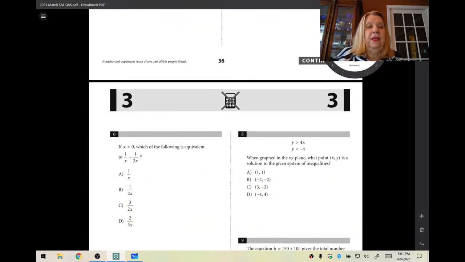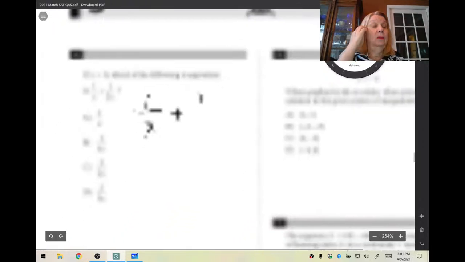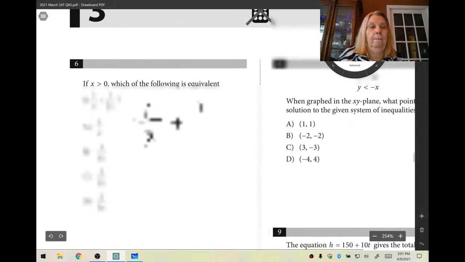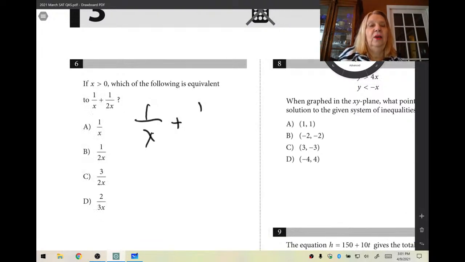We did ones like this. X is positive because we can't have x is 0. Which of the following is equivalent to this? So we don't have common denominators. We have fractions. Let's zoom in a little bit. It's a little fuzzy here. I think that'll go away. Give it a second. Okay.